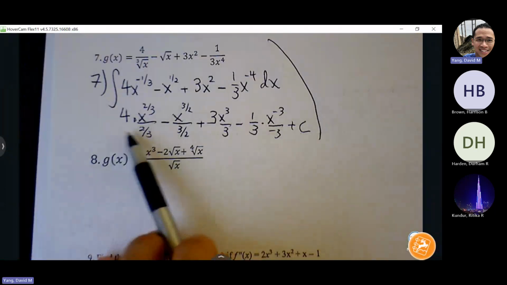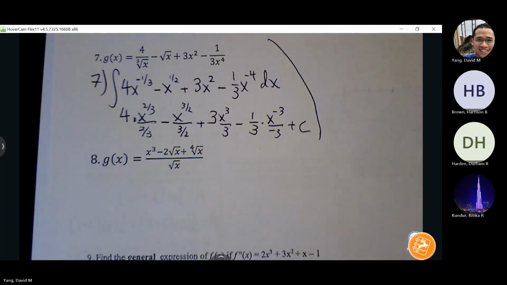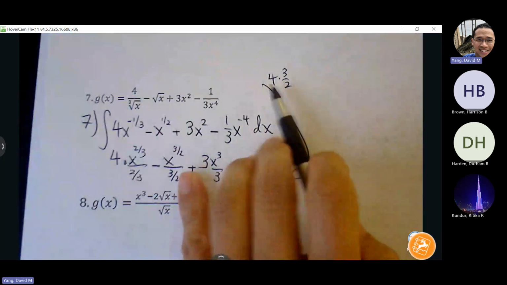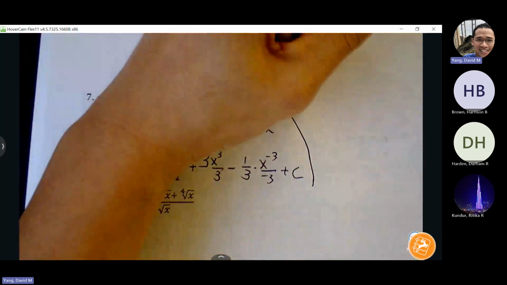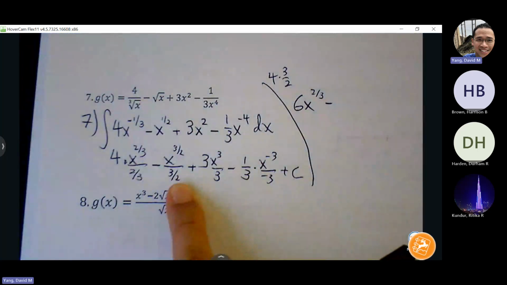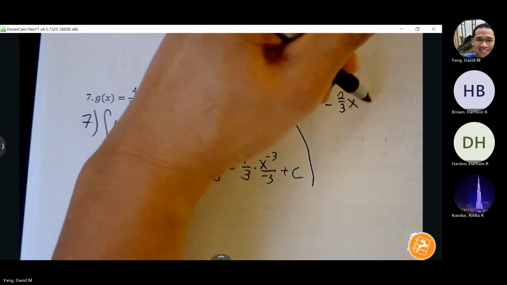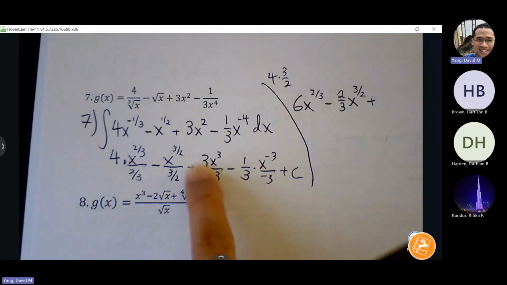Okay, clean up. Dividing by a fraction is the same thing as multiplying by the reciprocal. So 4 times 3 halves is 12 over 2, which is 6, right? Dividing by 3 halves is the same thing as multiplying by 2/3 here. I can knock the 3's out, 3 and 3, so x cubed.